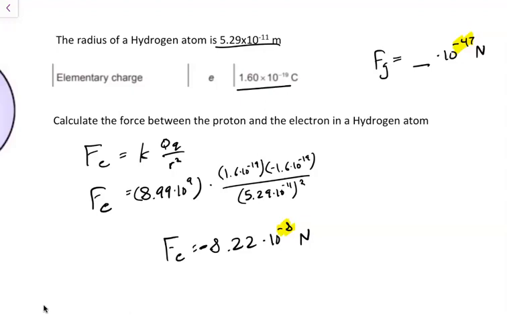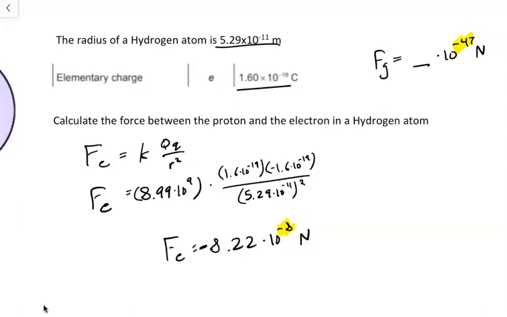That means we are 10 to the 40th stronger of a force. So that shows you the electric force is much, much stronger than the gravitational force. Although macroscopically in our lives it feels like gravity is controlling everything, the electrostatic force, or electric force, is really, really strong as well.